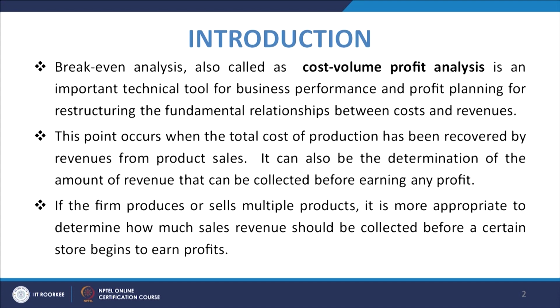When we talk about business organizations, we know that we have different types of costs. First you have to set up the plant, and the investor has to put in a lot of cost. Then there is production of the product, and that product goes for sale.